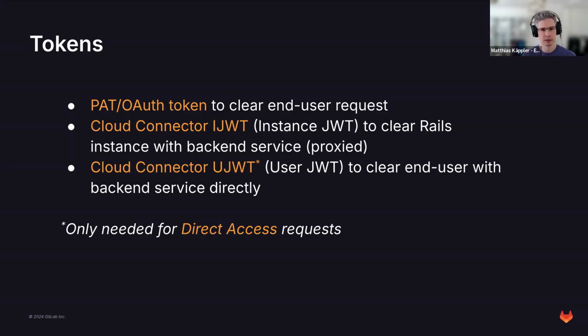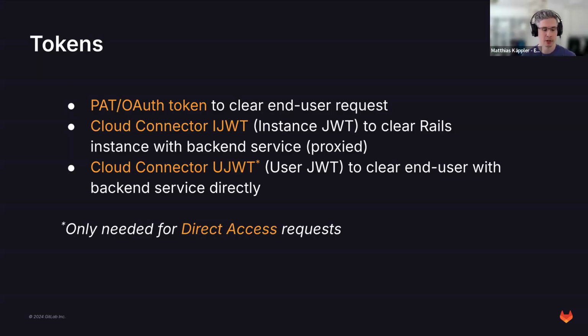But if you allow the request to propagate further upstream, Cloud Connector specific tokens come into play, and there are actually two different kinds. I'm going to talk a bit later about why there are two kinds. For now, just know there are two different ones. One we call an IJWT, which is an instance scoped JWT.